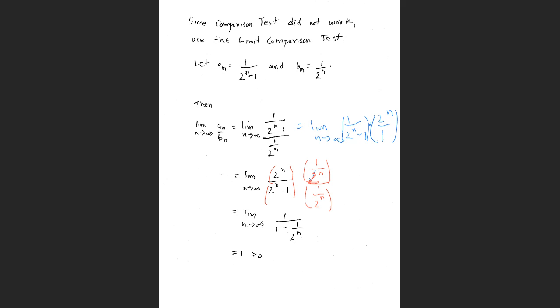And that's going to get me here. And now I can see that the limit of the ratio is equal to 1, which is greater than 0. And so the limit comparison test is going to work here. It's going to work just fine.